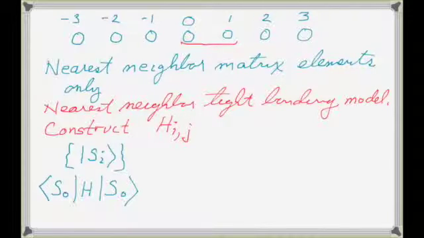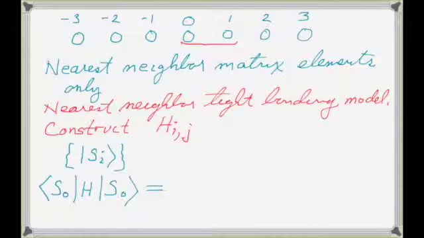I guess we go through the same procedure we went through before. I'm only considering the potentials of the nearest neighbors. So what would I get?